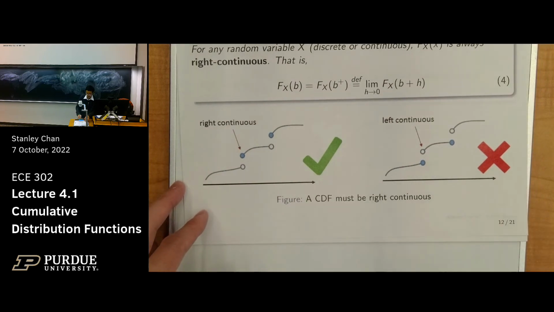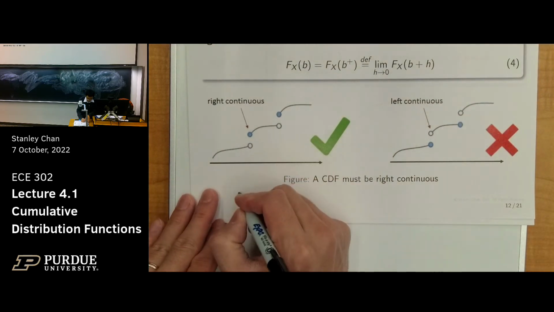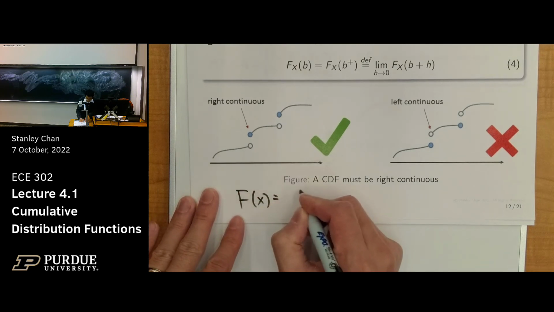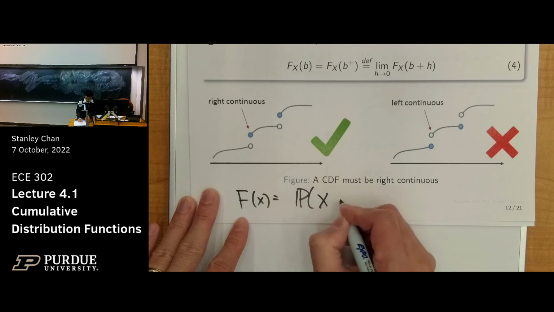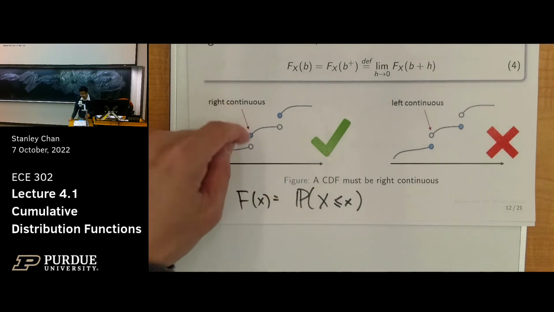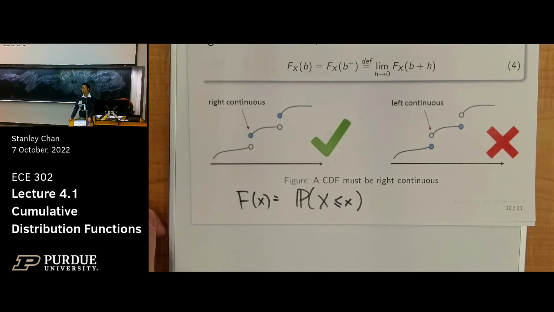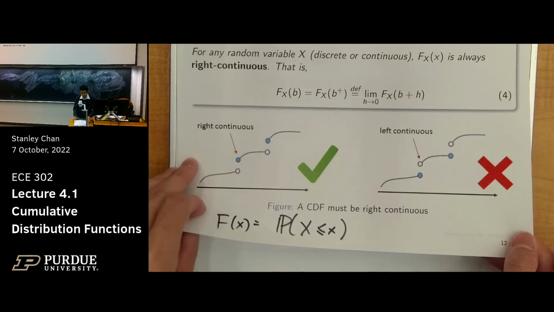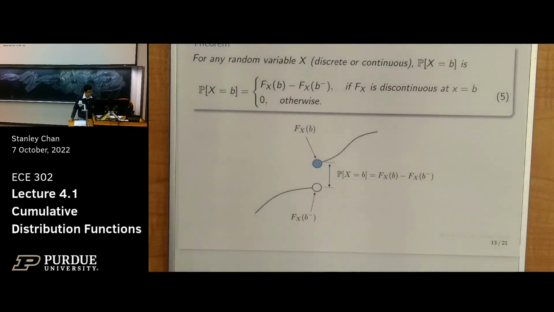It's because when you evaluate the CDF, F_X(x) equals the probability that X is less than or equal to x. Equals to is included, and therefore it got to be the upper one. So this is the right continuous property of the CDF.